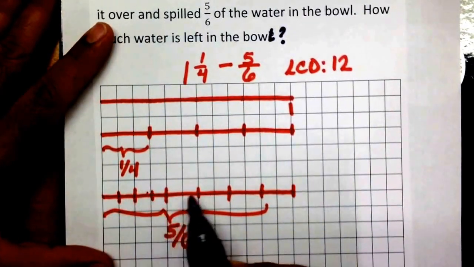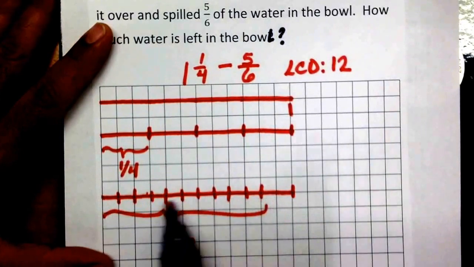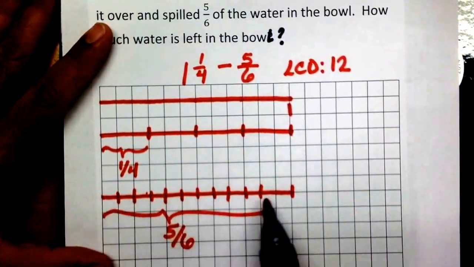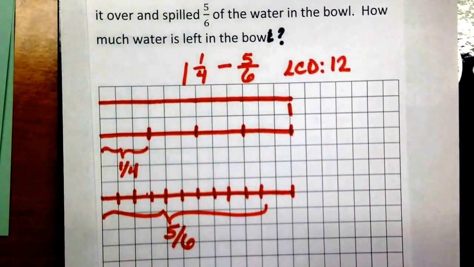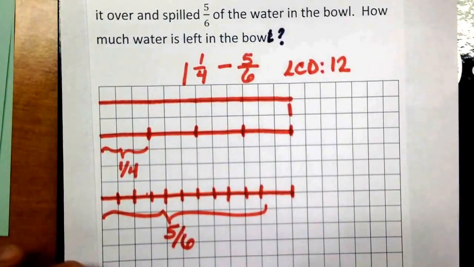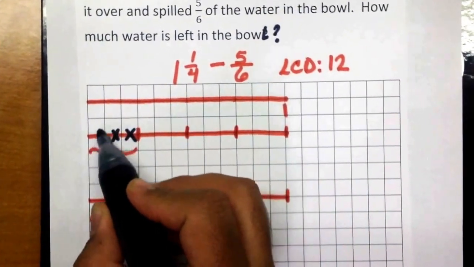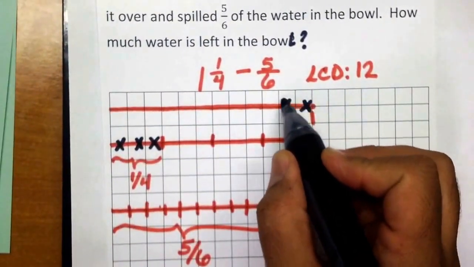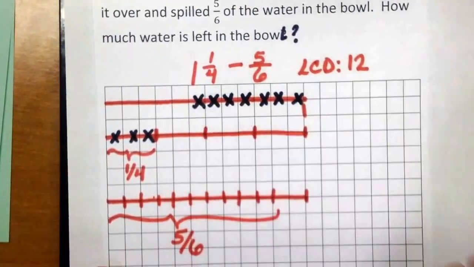Knowing that, we have 1 2 3 4 5 6 7 8 9 10 of those squares representing 5/6. We're subtracting 5/6. 1 2 3 4 5 6 7 8 9 10.